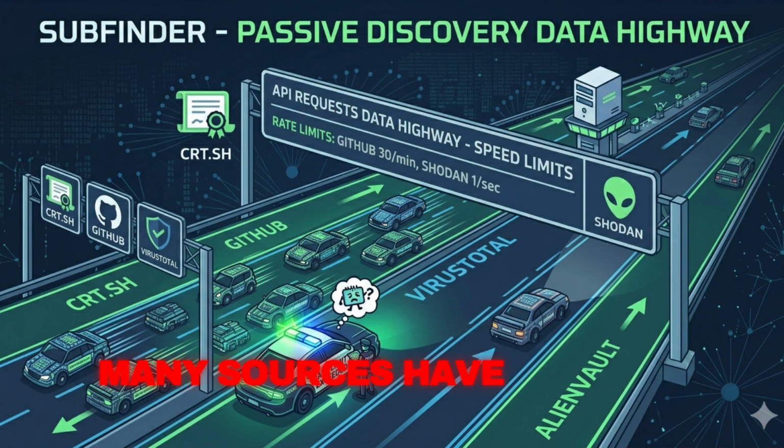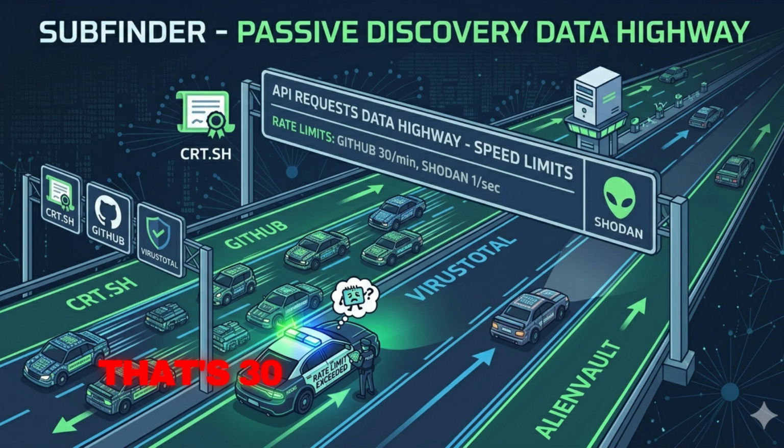Many sources have API rate limits. If you hit them too fast, they will block you. Subfinder's -rls flag lets you set custom limits per source. Example: -rls github=30/m, sudomain=1/s.